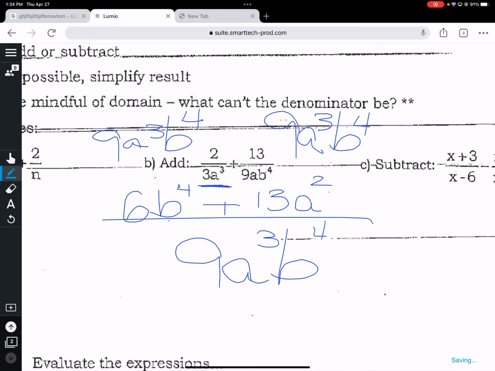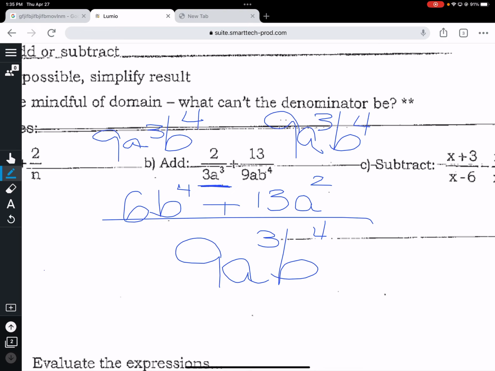Can you cross off? No, because you don't want to lose the denominator. You don't have to now, if you're working it up there. I don't want you to lose this, but in your work, I would, with my pencil, go, well, I have an a cubed. I just didn't do it on here because I didn't want to mess you up.